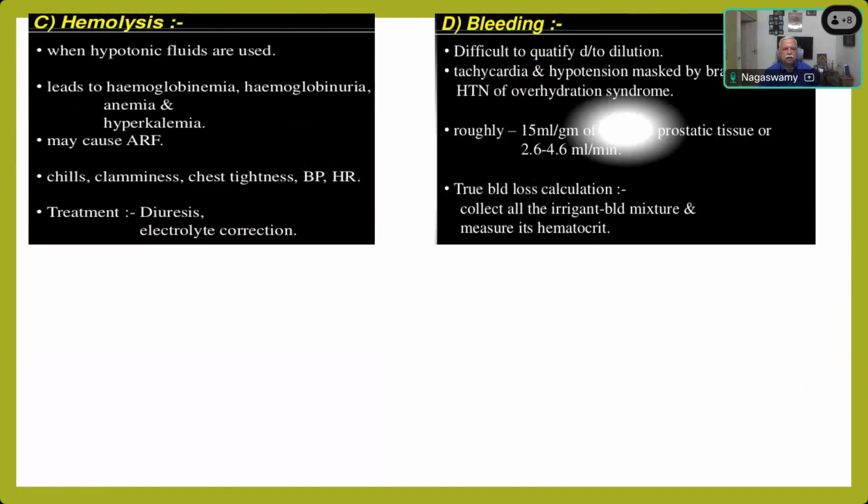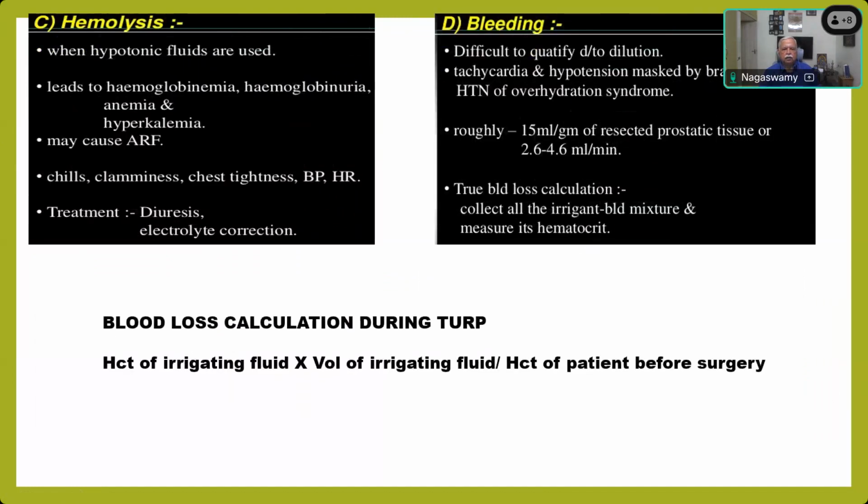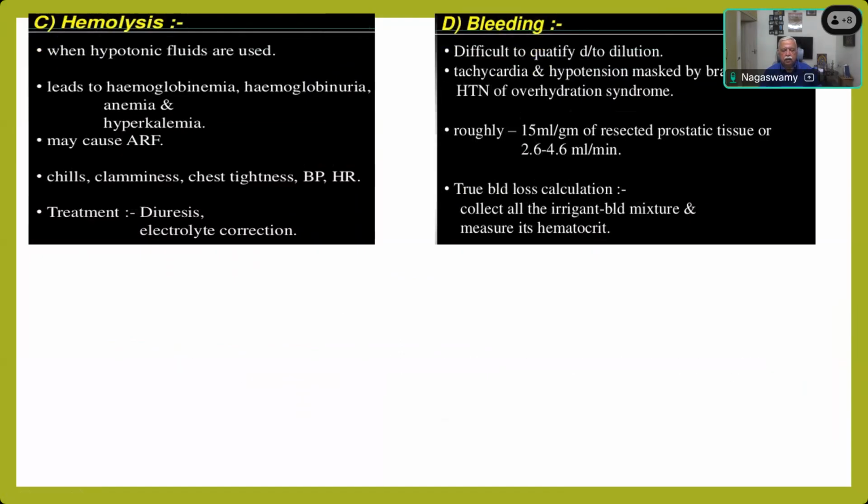Hemolysis is another complication. Bleeding is another complication. So blood loss calculation. This is commonly asked in the exam. How to calculate the total blood loss in TURP syndrome? Any idea, Priya? Hemoglobin of the irrigation fluid divided by patient's hemoglobin into total irrigation fluid used, sir.